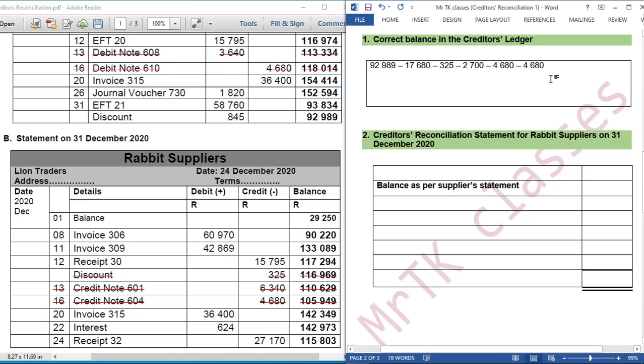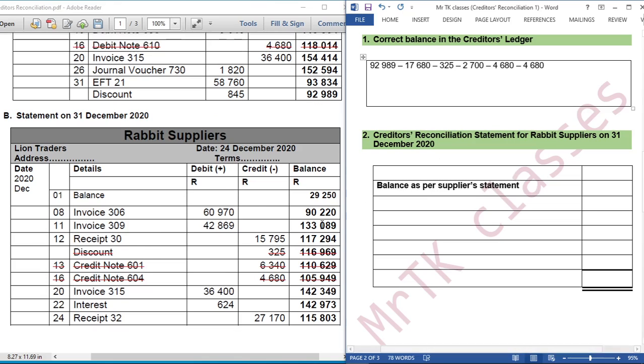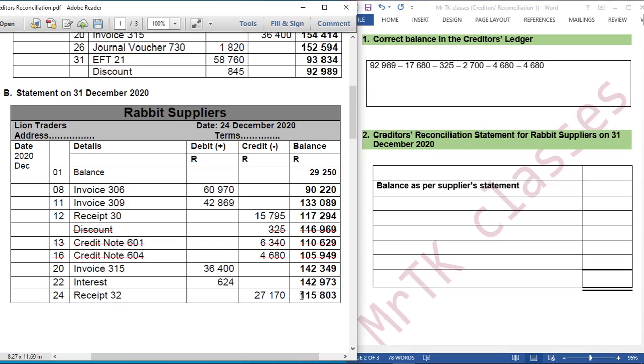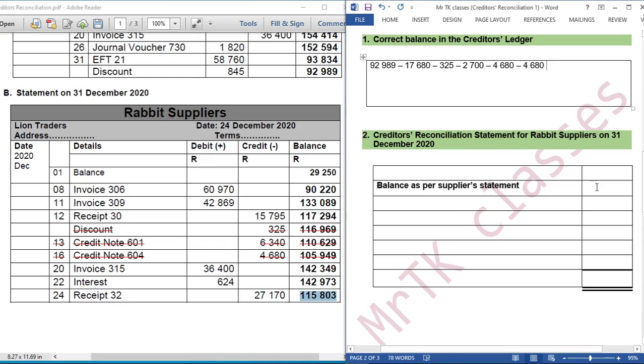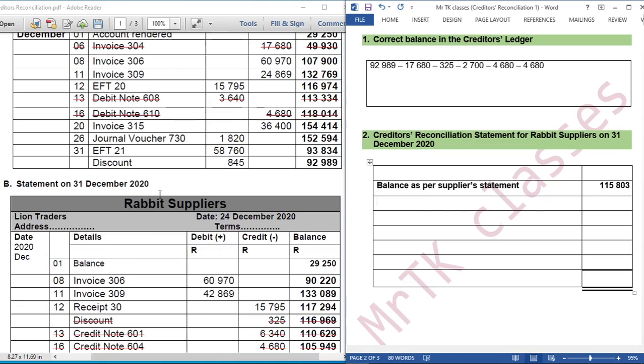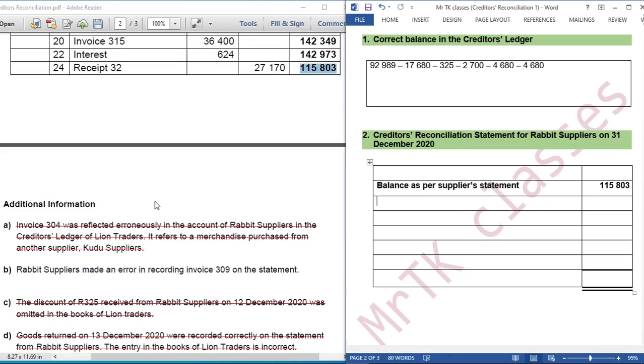So we are going to calculate our total here once we are done with everything. All right, so balance as per supplier statement, this is our balance, 115,803. Then let us go to our adjustments.